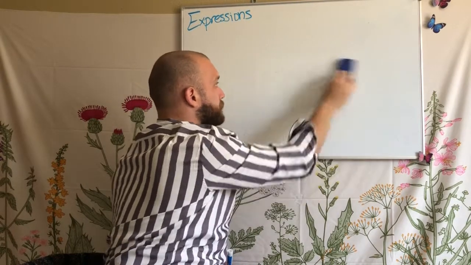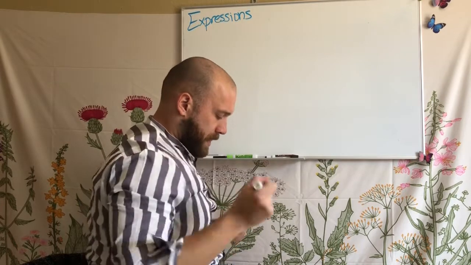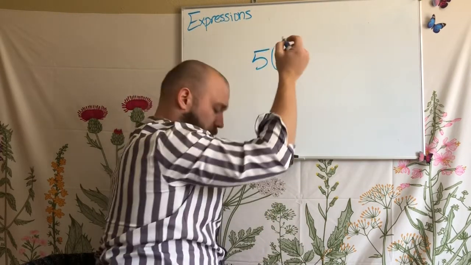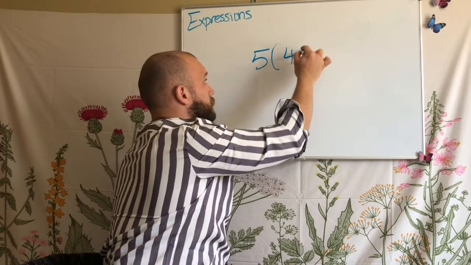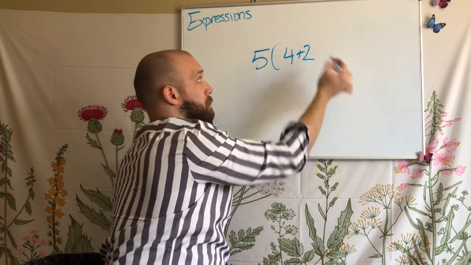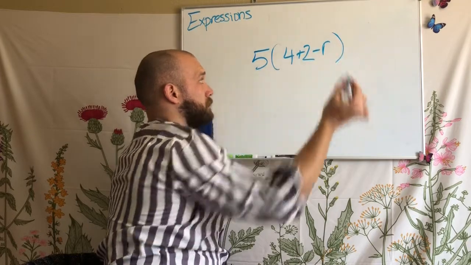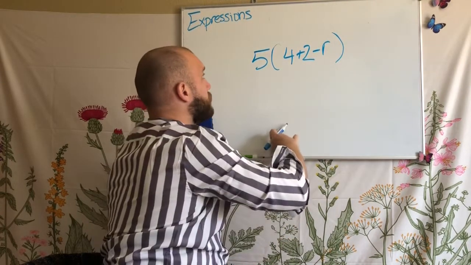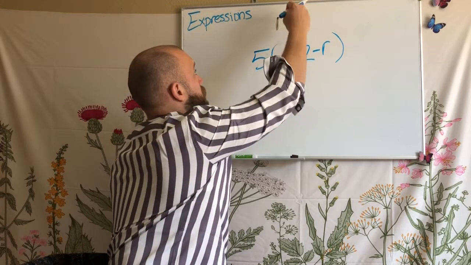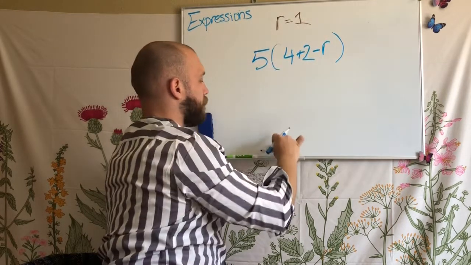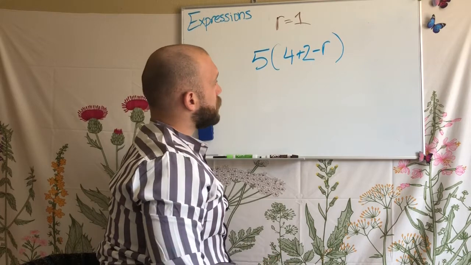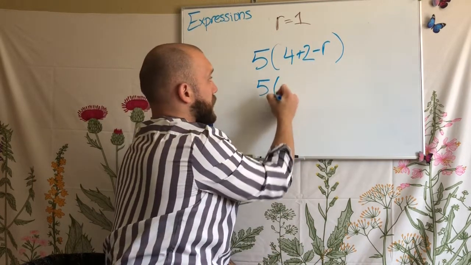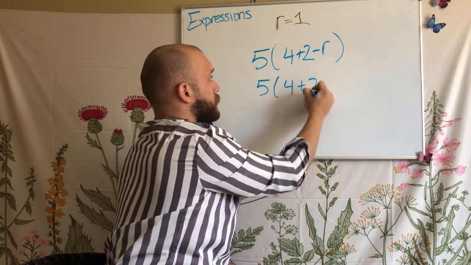Problem A. Problem A is 5 times the quantity 4 plus 2 minus r. And what does r equal? 1. So, I'm going to rewrite my equation by plugging in the value of the letter. 5 times the quantity of 4 plus 2 minus 1.